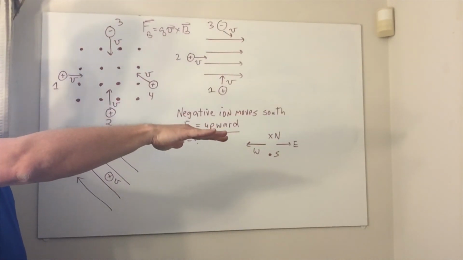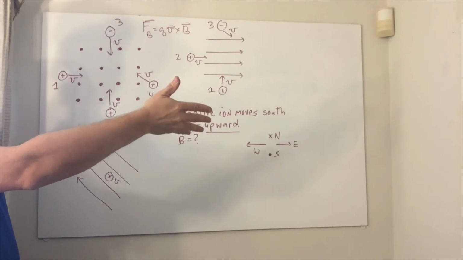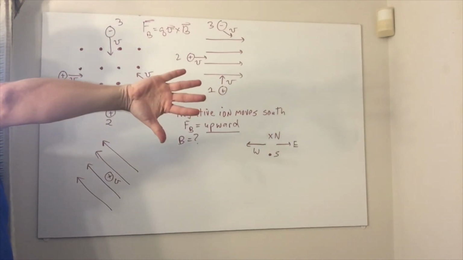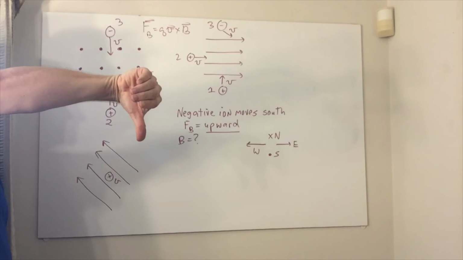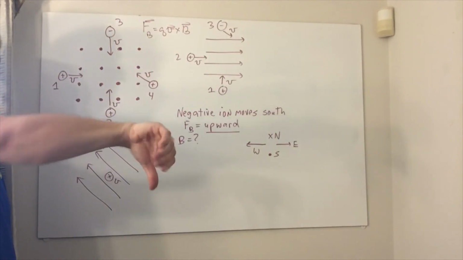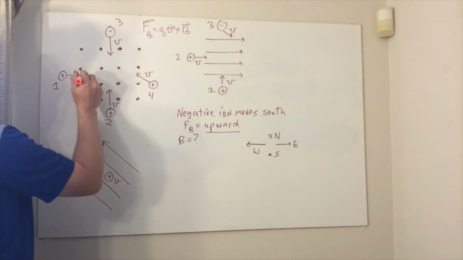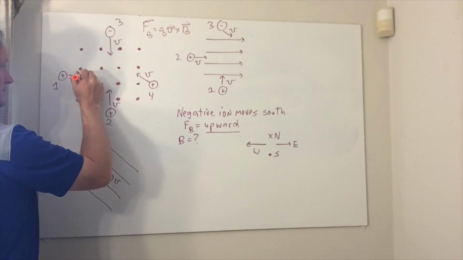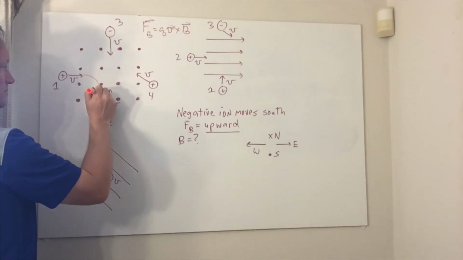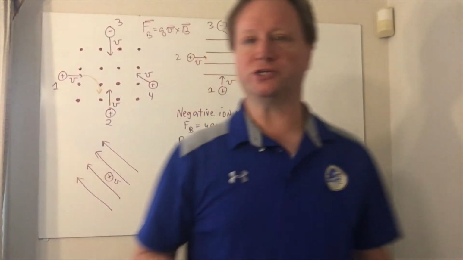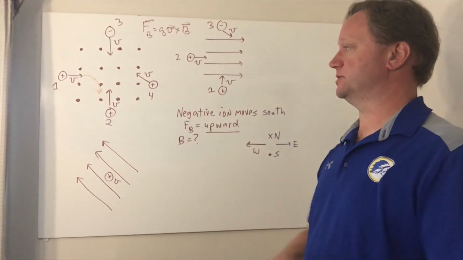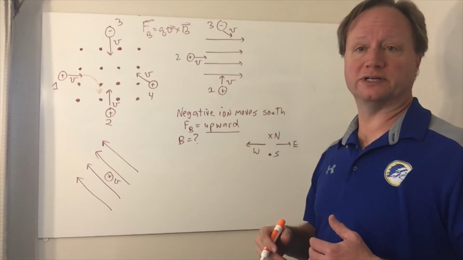I'm going to wrap my fingers until they point in the direction of B. B is coming out of the board, so I wrap like this. That means my force is going to be downward. And so this particle will come and it will curve in a circular motion in that kind of downward direction. I'm drawing it kind of small so I don't run into the other particles.